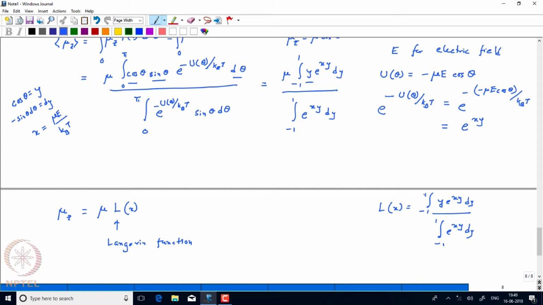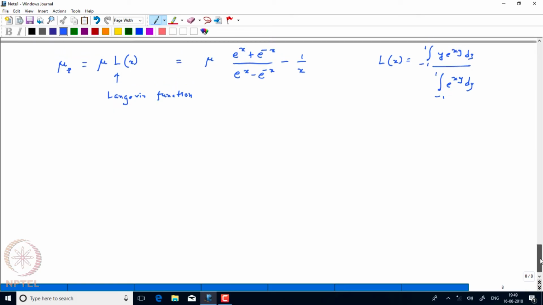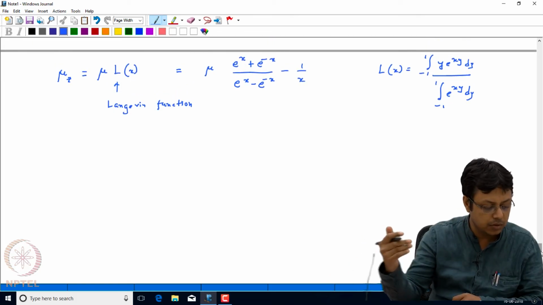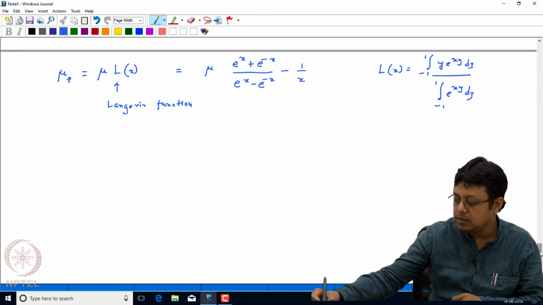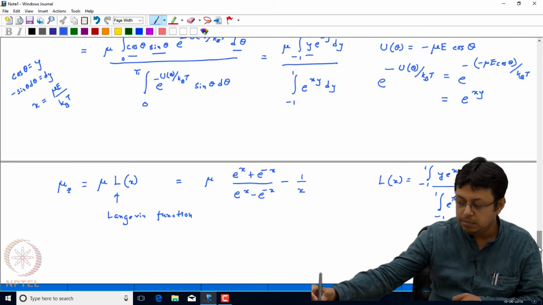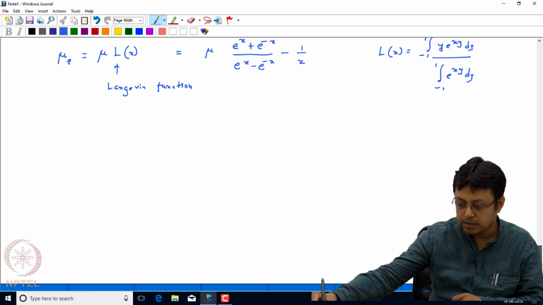I am giving you the answer: mu times, we will have e to the power x plus e to the power minus x divided by e to the power x minus e to the power minus x, minus 1 by x. This will be the final form of mu z, but again x we have to substitute, because x is nothing but mu E divided by kBT.